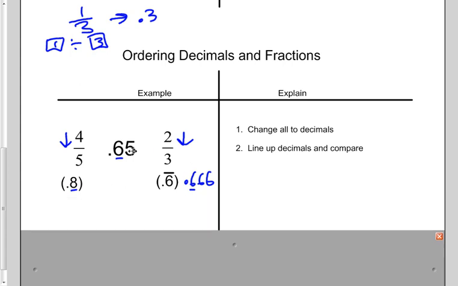This is 6/5, and this is 6/6. So this right here is going to be our smallest. So we'll put that as our smallest value. And then we know that this is going to be next, but since it asked us to order these 3 values, we're going to write that as 2/3 and then 4/5. So that's just a little tip of how to order 3 numbers or more if some are decimals and some are fractions.